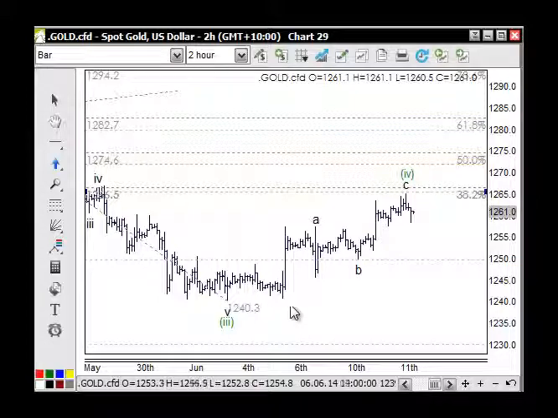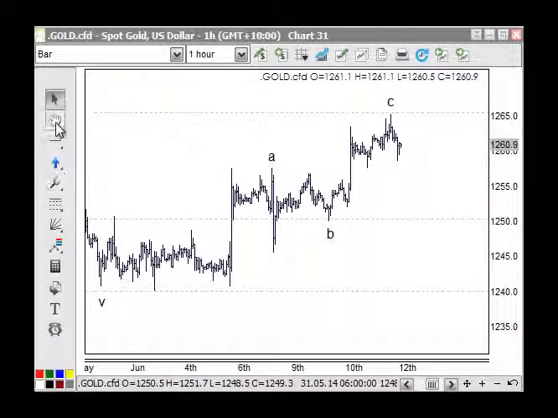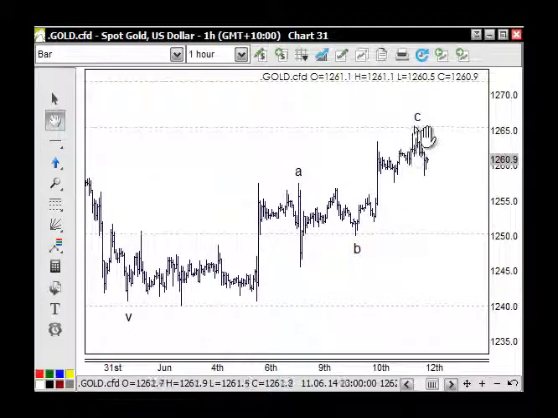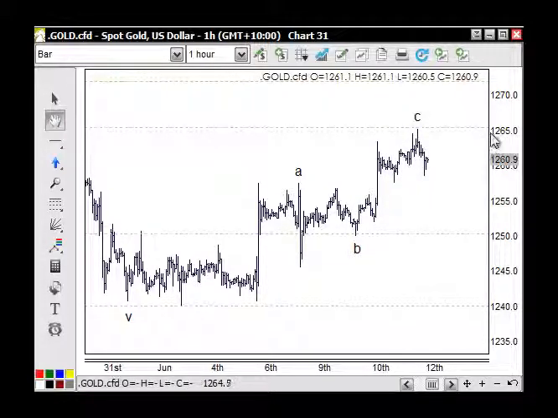So we've got two counts. We've got one count to here that's completed. If this rolls over from here, then we know that we're on track with this particular count, and we would be looking for a 5-wave structure to the downside. So this is the pattern that we've been looking at here. With this move down through here, we were looking yesterday at this 1, 2, 3, 4, and then 5 up into the 265, 266 area here.